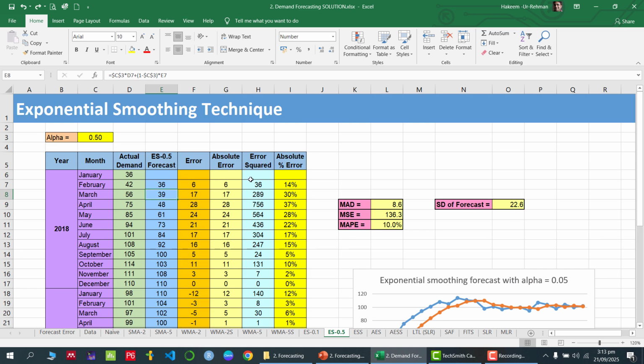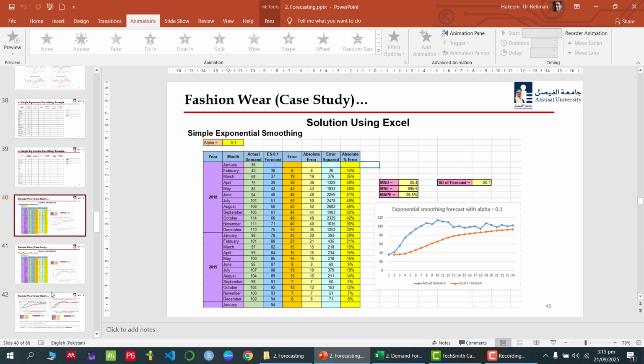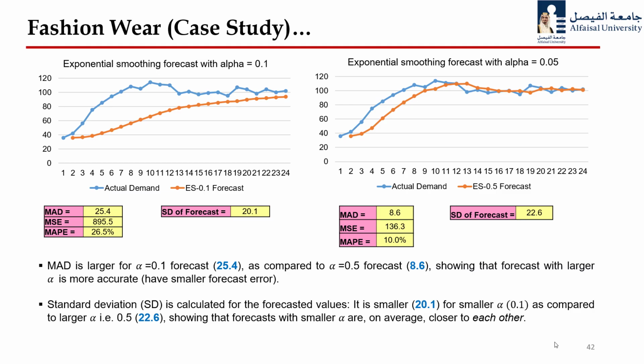When I'm using 0.5, we can adopt the same pattern and get these values. So let me compare over here. From here we can see the case when alpha is equal to 0.1 and when alpha is equal to, so this is not 0.05, this is actually 0.50.